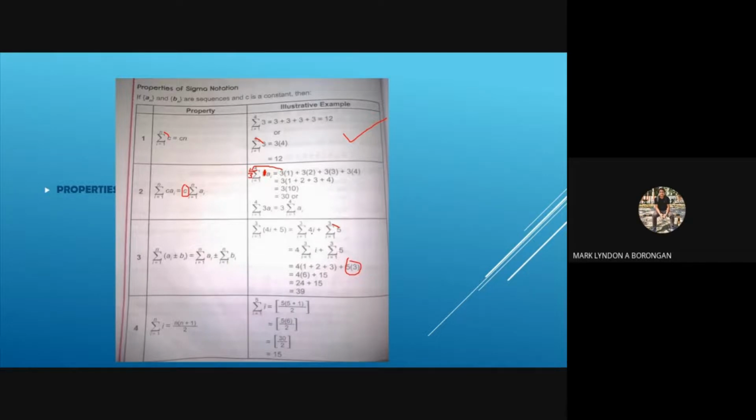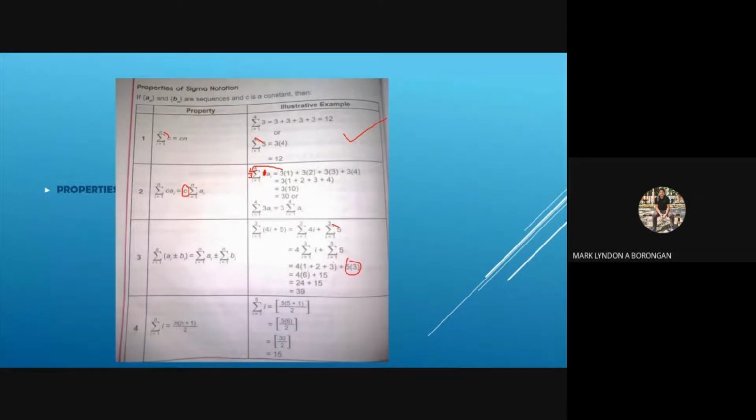And then for the first term, 4i, it has a variable and a constant. So applying our second property, you isolate the constant. From our first limit up until the last value, we have 1, 2, 3, since it is from 1 up to 3.